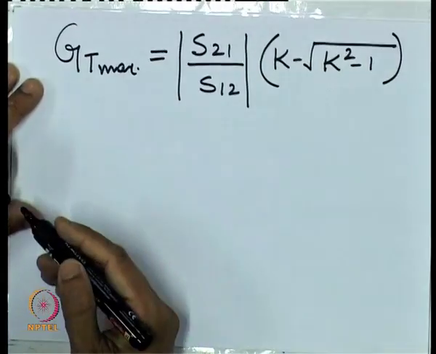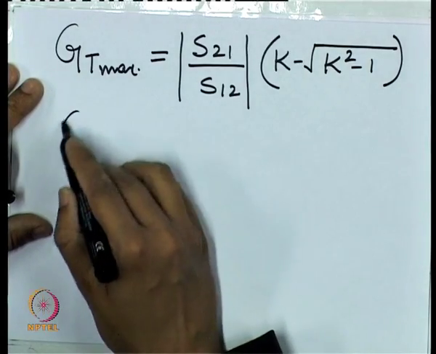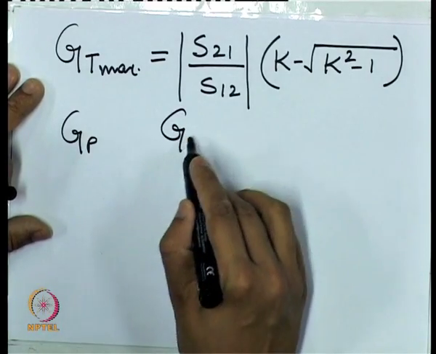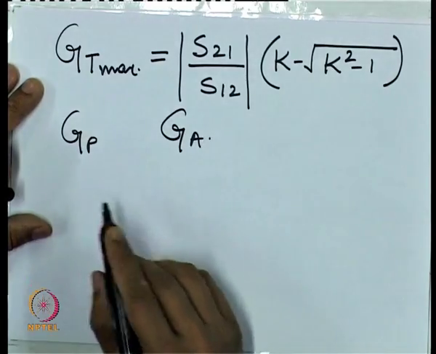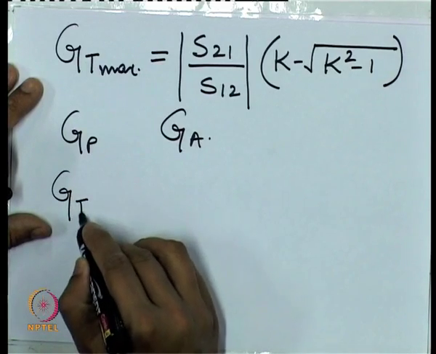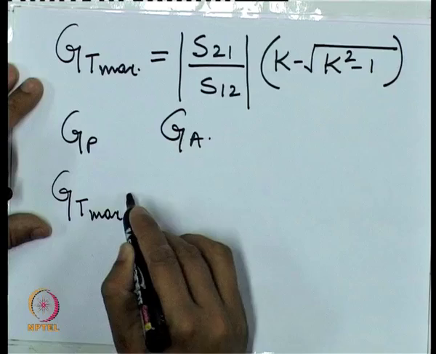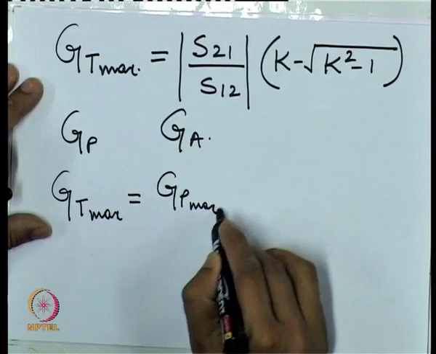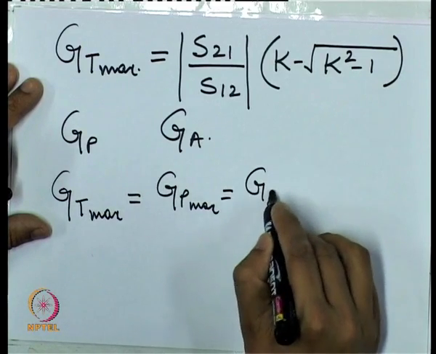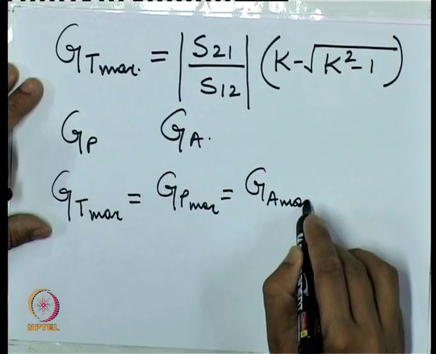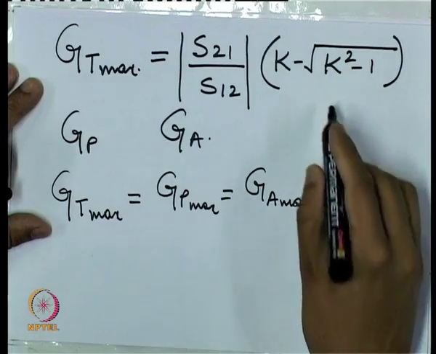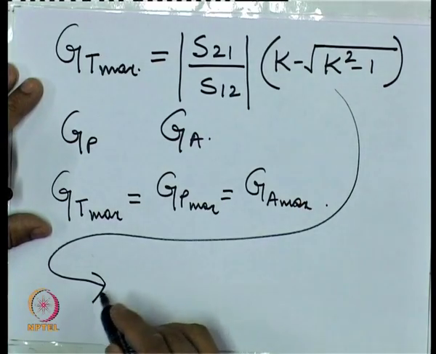Now we have already talked about GP, that is the operating power gain, and GA, the available power gain. Now we can show that GT max will be equal to GP max, which is equal to GA max. Now this can also be simplified like this.